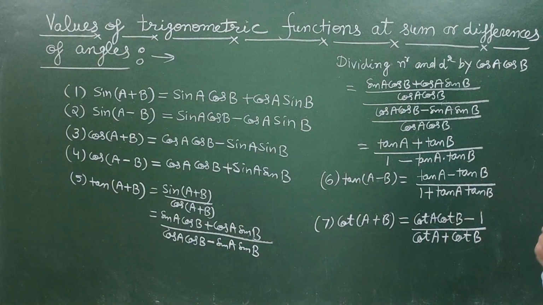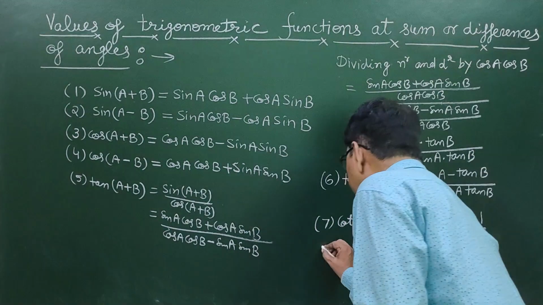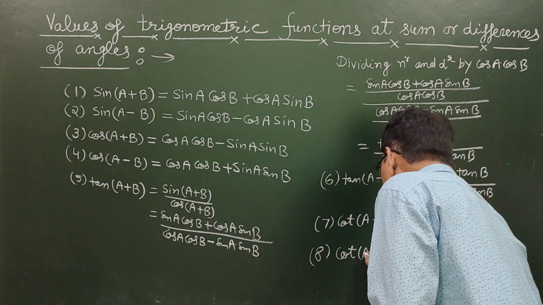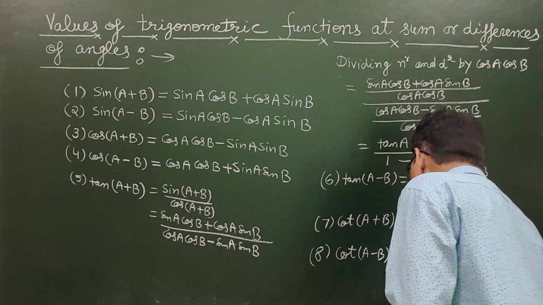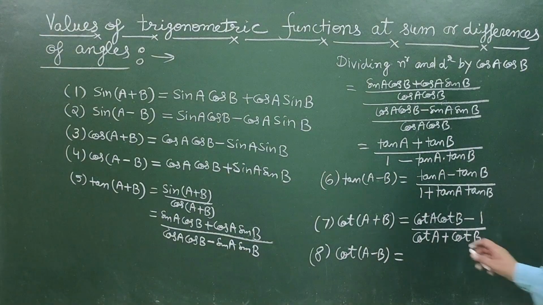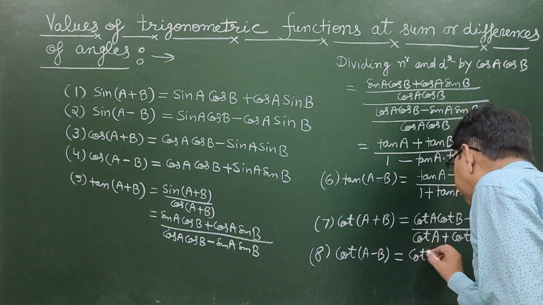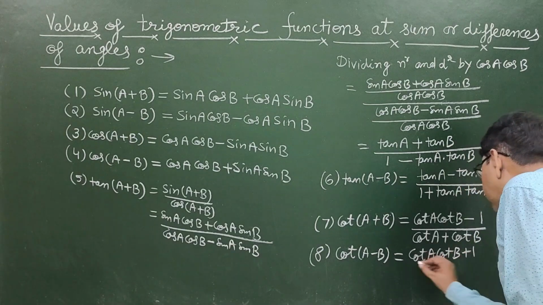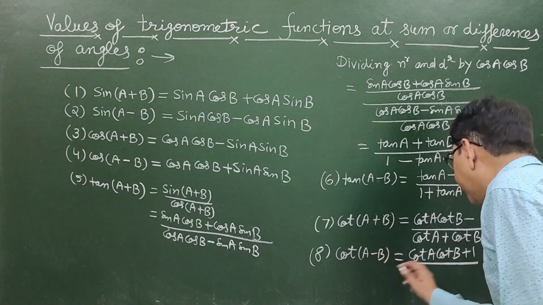And for cot A minus B, cot of A minus B is equal to (cot A cot B plus 1) upon (cot B minus cot A).